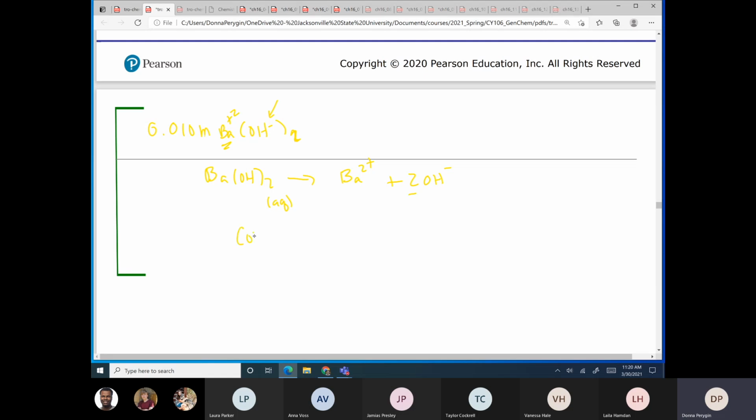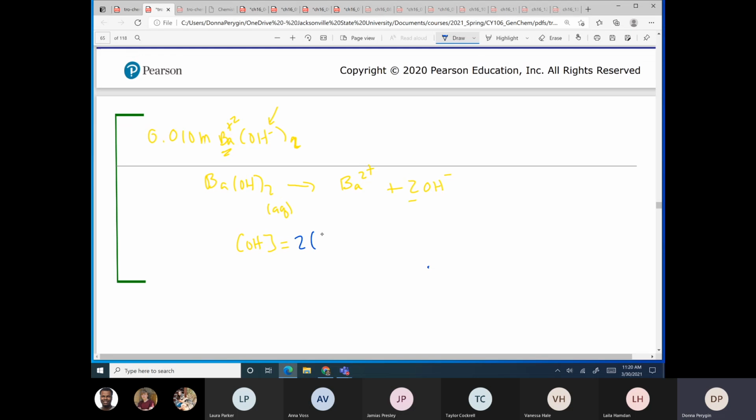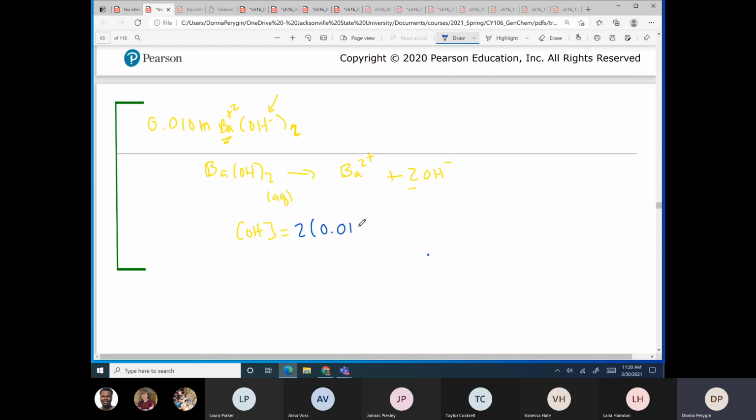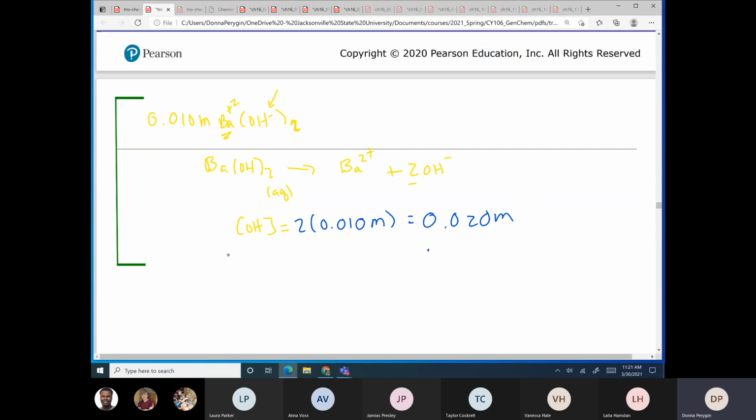So the hydroxide ion concentration is equal to 2 times 0.010 molar, and that is equal to 0.020 molar, okay? So that's our hydroxide ion concentration.